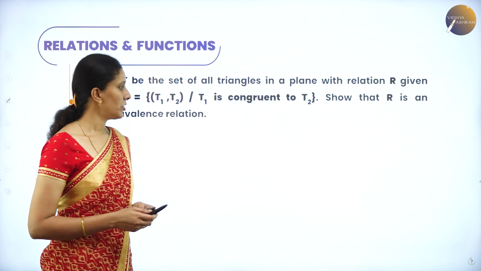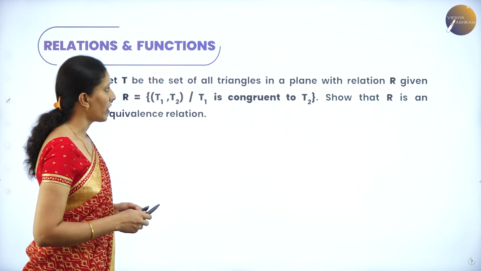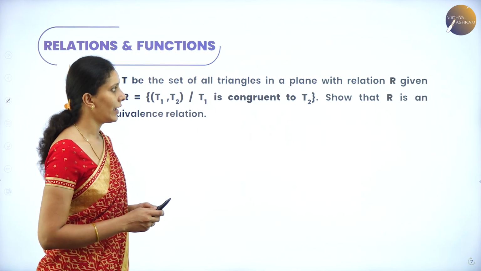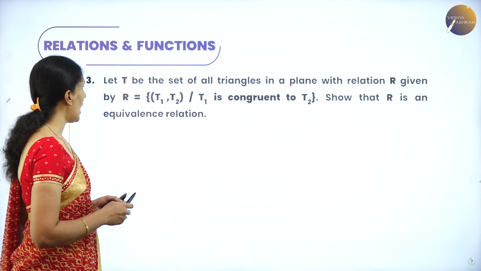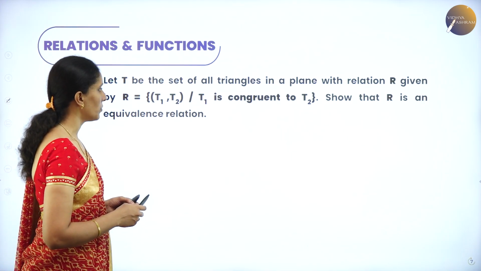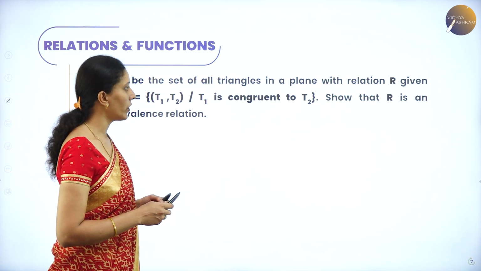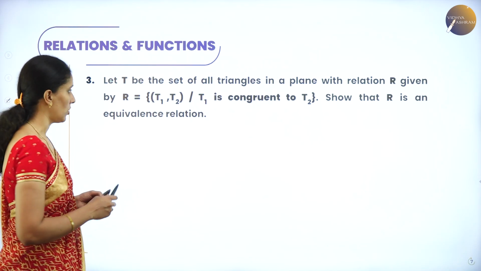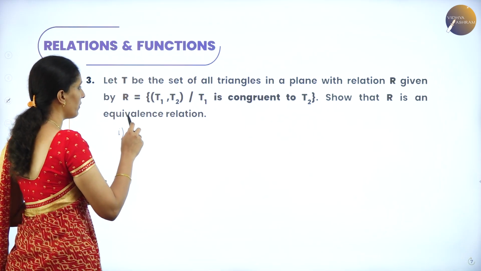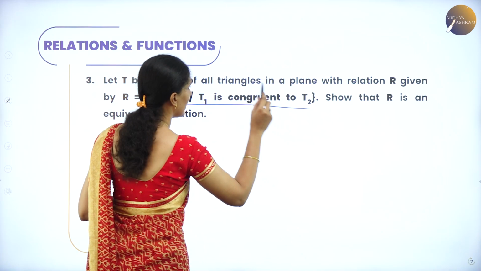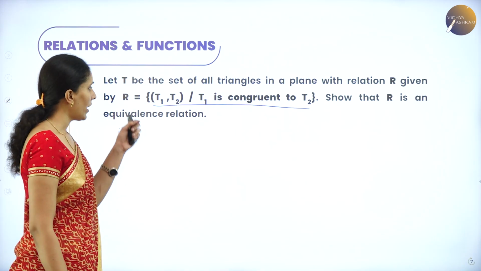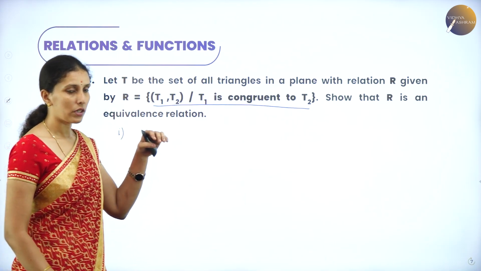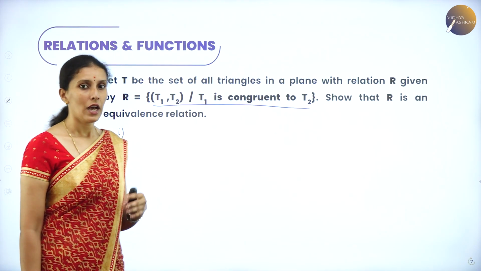Next question. Let T be the set of all triangles in a plane with relation R given by R is T1, T2. The condition is T1 is congruent to T2. Show that R is an equivalence relation. Now, we have a set of all triangles in the relation R where T1 is congruent to T2. That is, the triangles are congruent to other triangles.